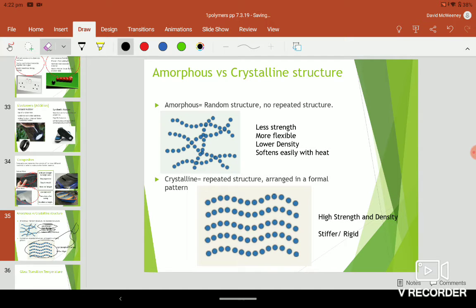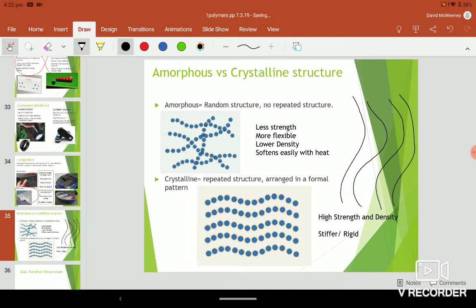Crystalline, on the other hand, is everything uniform, like that. They're very strong this way. If you try to bend it across that line, or pull it, if you had something like a plastic bag with the crystalline structure and you try to tear it along that line, you would tear it because it's weak along that point.